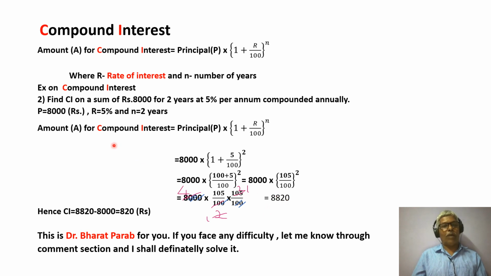This is the amount after 2 years. This is not only interest, this is the amount. So if we have to calculate interest, you need to subtract the principal: 8820 minus 8,000 is 820 rupees.